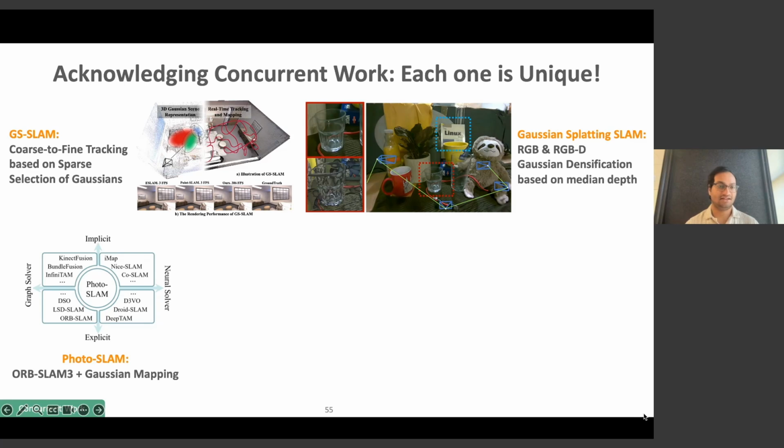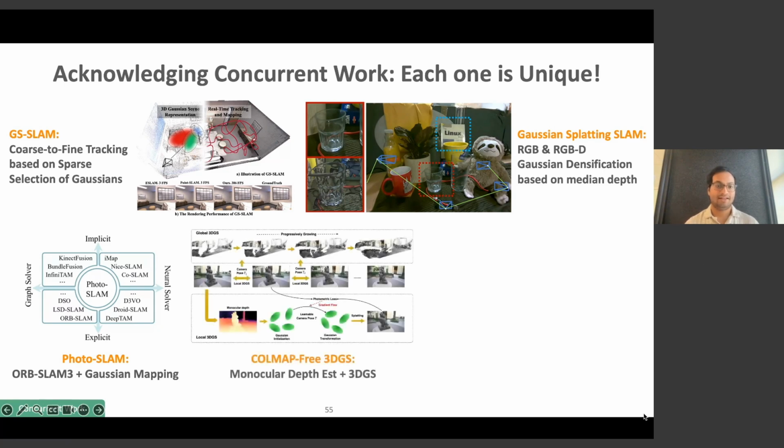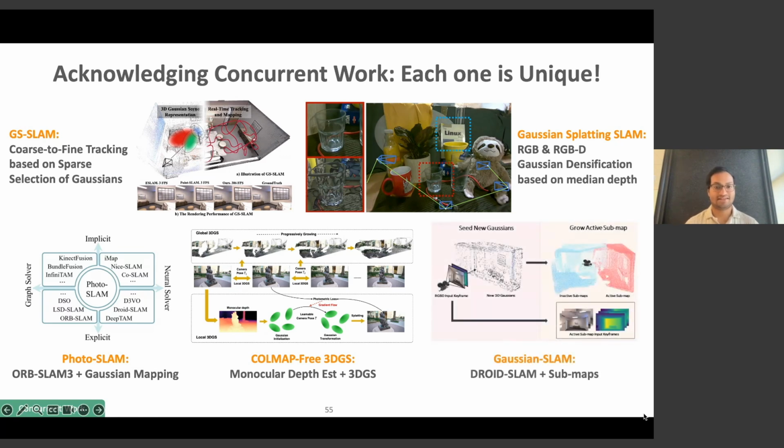Then there's another method called Photo-SLAM, where they couple prior classical SLAM methods like ORB-SLAM with Gaussian mapping. And there's COLMAP-free 3DGS, where you couple monocular depth estimation methods with 3DGS. And the last one I want to mention is Gaussian SLAM, where again you're coupling prior traditional SLAM methods with submaps of Gaussians.